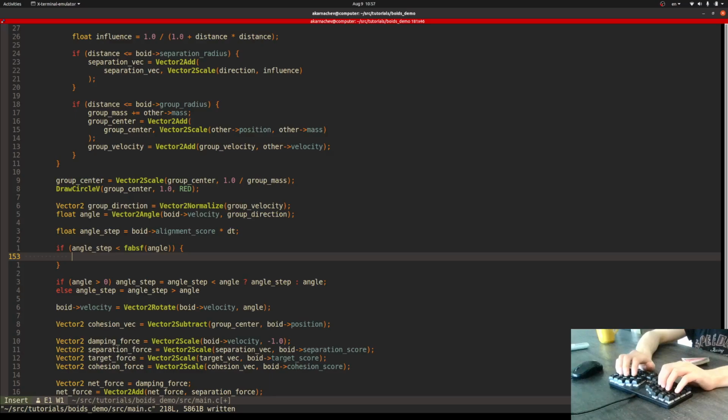If angle step is less than target angle, I just say that angle step is equal to: if angle is less than 0, minus angle step, otherwise it's just angle step.